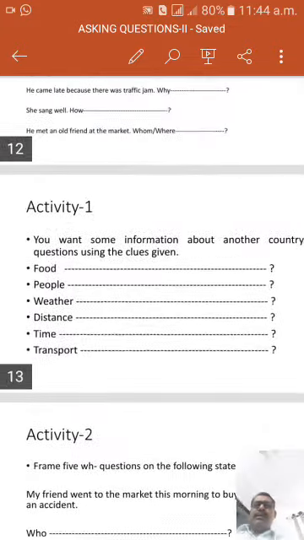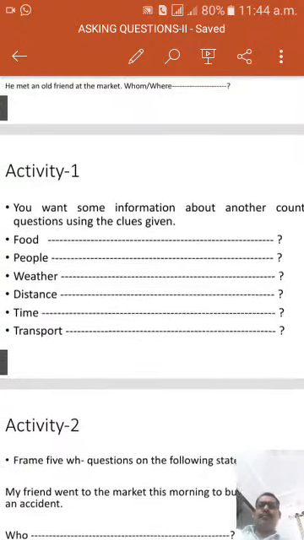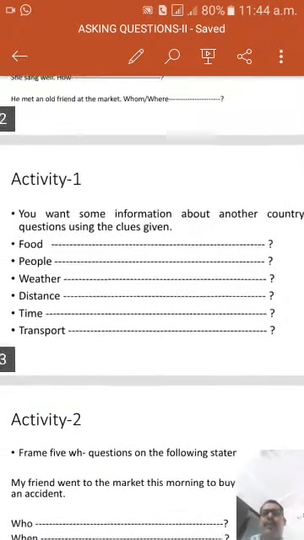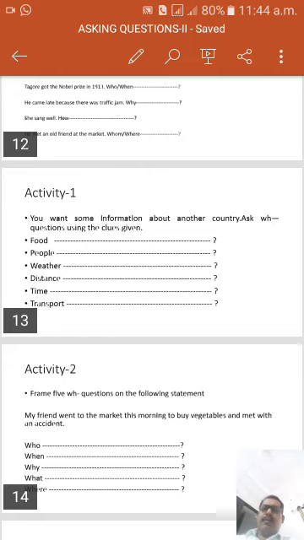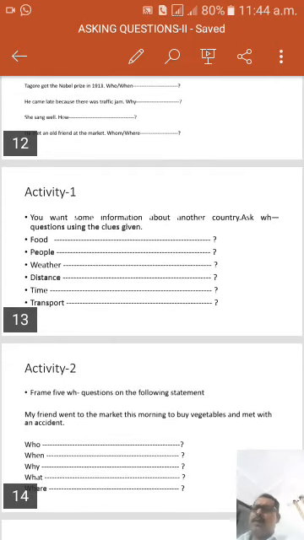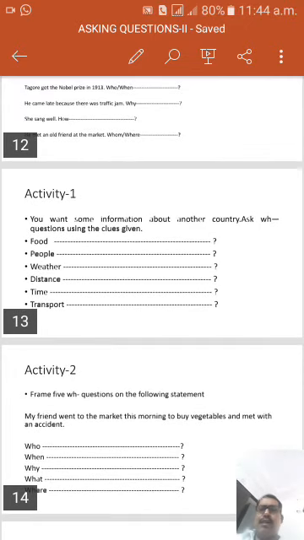Like that. In the next activity, we framed some WH questions based on the hints or the context.